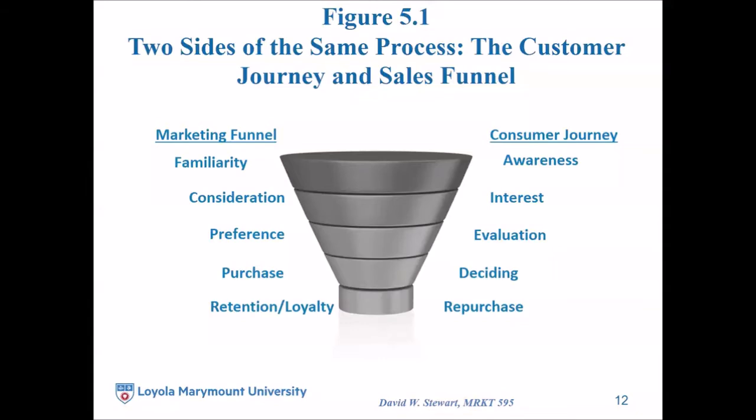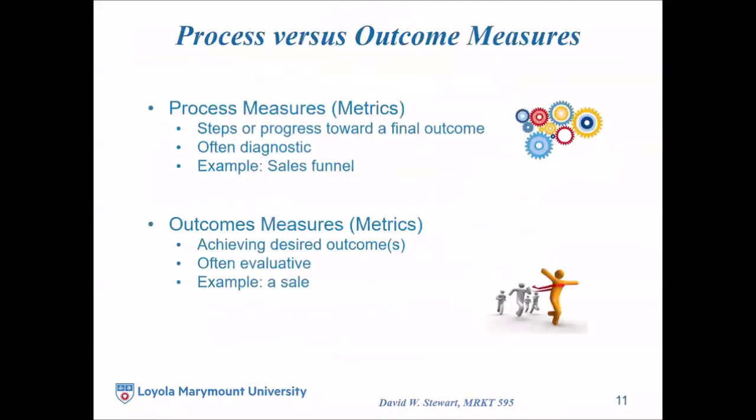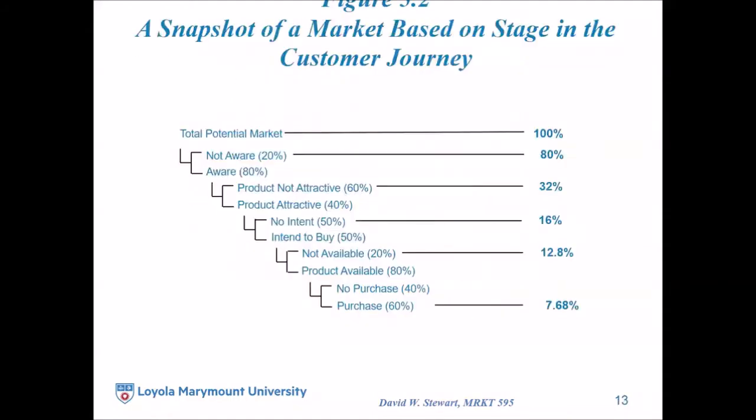That may be advertising. In business to business, it might be a sales call. But I need to understand where in the process I can intervene to have an effect. And that's why I need these sorts of process measures. I've shown you this before, or a variation of this, again, based on the customer journey.